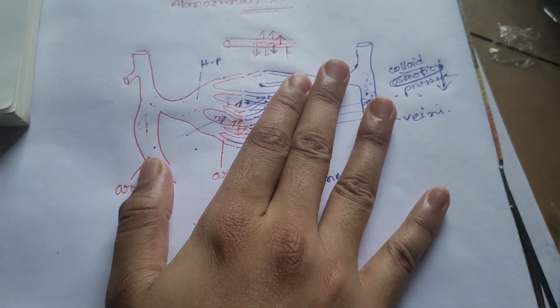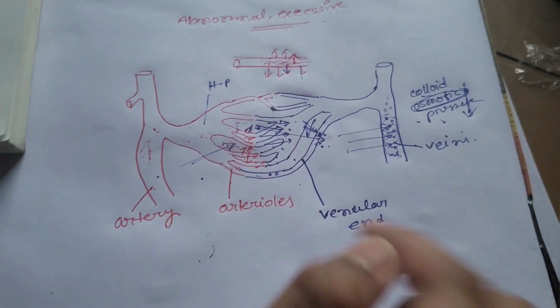This type of edema occurs more in nephrotic syndrome. Edema due to decreased colloidal osmotic pressure can occur due to glomerulonephritis, nephrotic syndrome, malnutrition, liver cirrhosis and protein losing enteropathy.